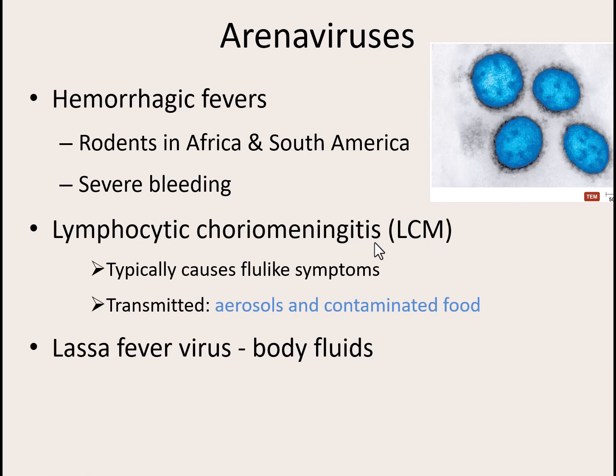So it's your lymphocytes, your immune system, that causes this slight meningitis as well as flu-like symptoms. This particular strain is transmitted by aerosols as well as some contaminated foods. And there's even one in the arenavirus group, the Lassa fever virus, that's spread by bodily fluids.